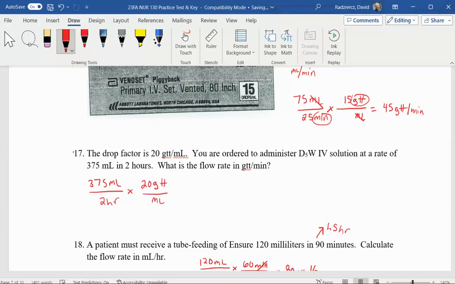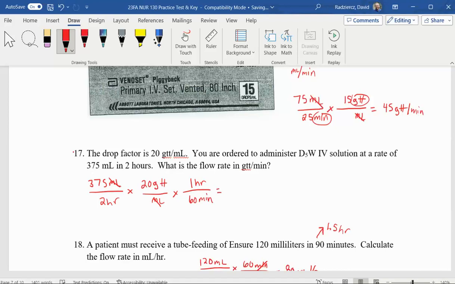Now, before I move forward, right now I'm in drops per hour, and this is a common mistake. So if any of you got like 200 something or 125, that's where you made your mistake. You were still in drops per hour. You need to be in drops per minute. So the other thing you have to do is you have to get rid of hours and convert it to minutes.